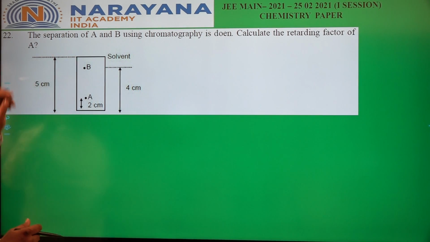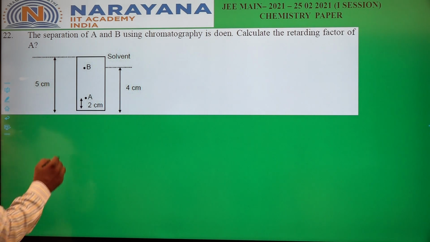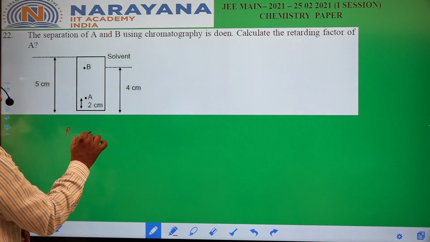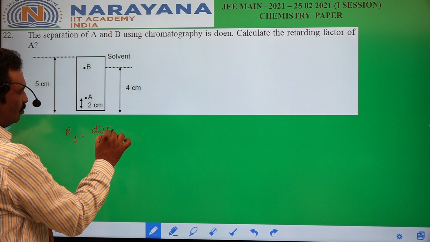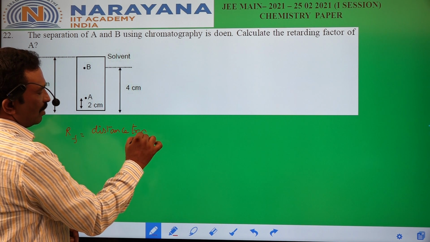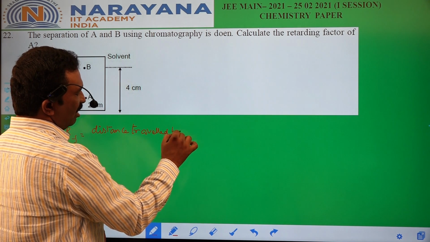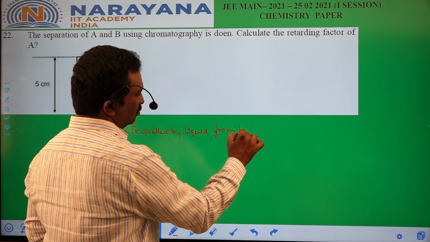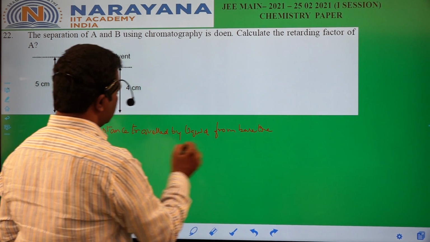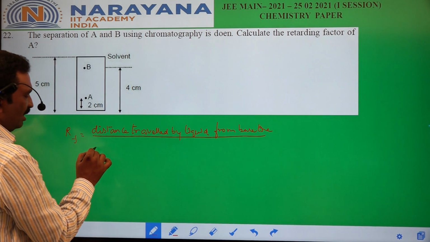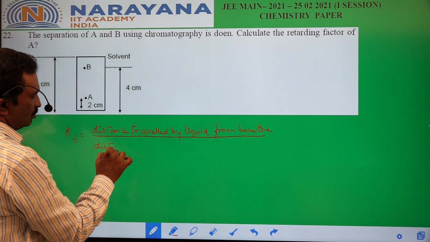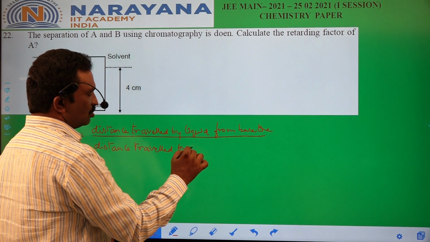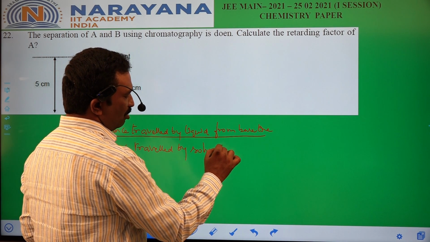Calculate the retardation factor of A. This is actually the retardation factor Rf, that is, distance travelled by the given liquid from the baseline divided by distance travelled by the solvent from the baseline.